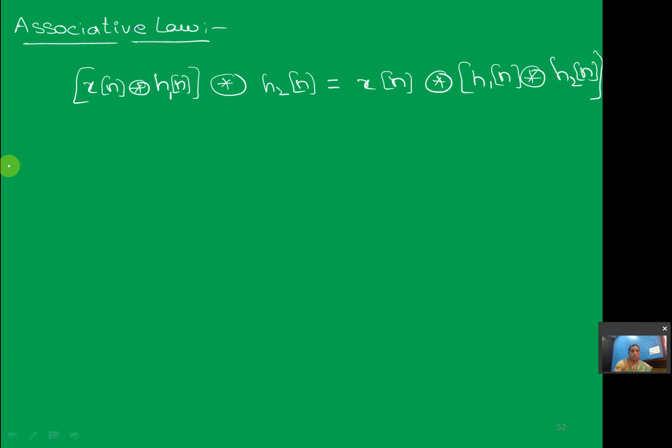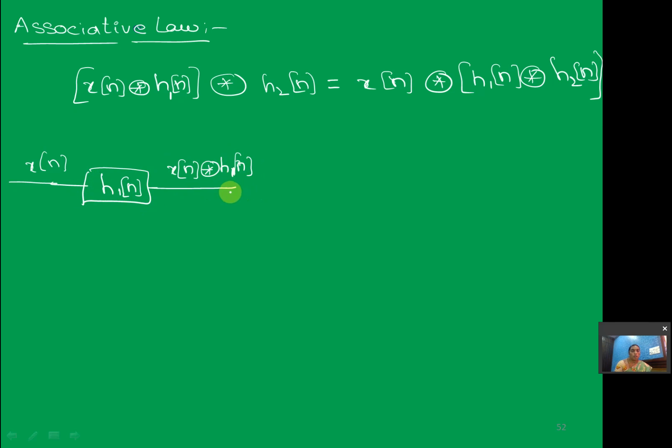What is the importance of this associative law? See here, if I give x(n) to one system, h1(n), it gives an output by convolving these two.